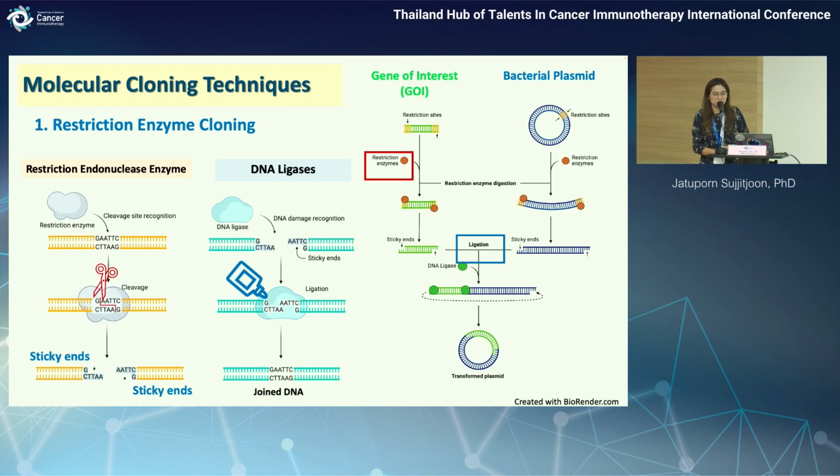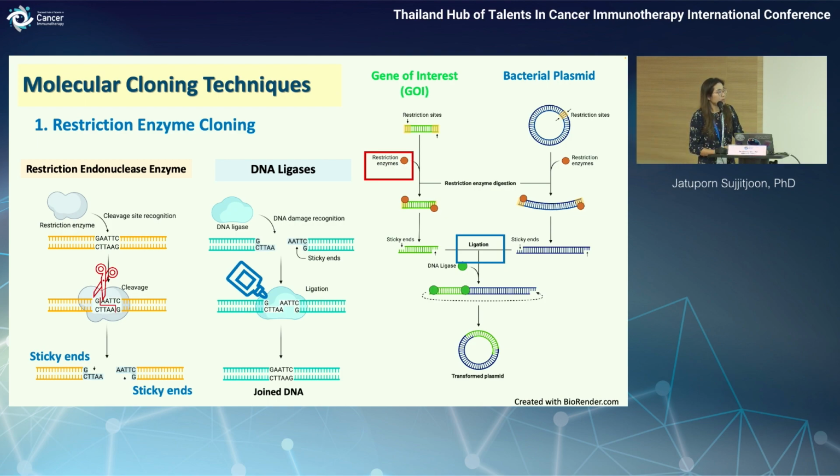This restriction enzyme cloning is the classic method that is the most popular nowadays. The enzyme is called restriction endonuclease. It can cut double-stranded DNA at specific sequence sites and cleaves the DNA into fragments. Because it has the capacity to cut DNA, this enzyme is also called molecular scissors.